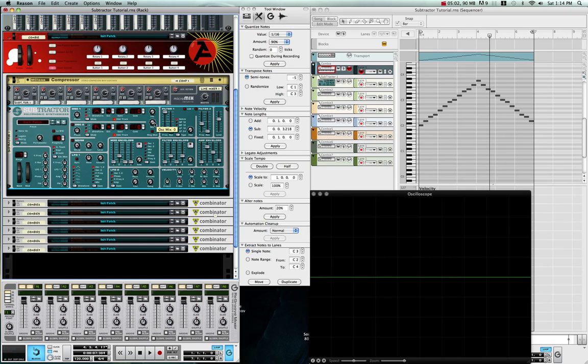And the frequency of the carrier signal is affected by the frequency of the modulation signal. Before I even get into that, in the case of the Subtractor, oscillator 1 is always the carrier. Oscillator 2 is always the modulator. Just the way it works. You can't change it. It's just their relationship here in the Subtractor.